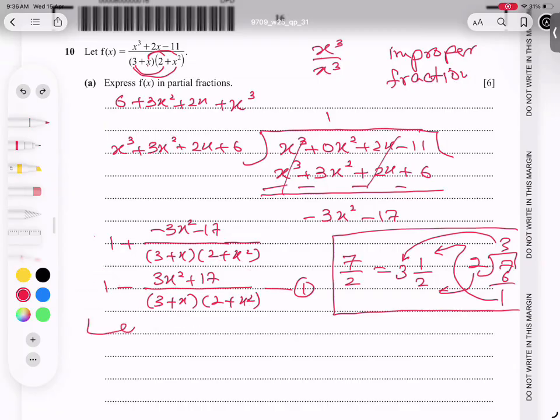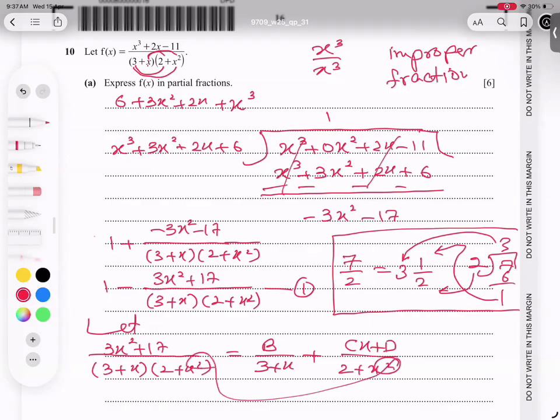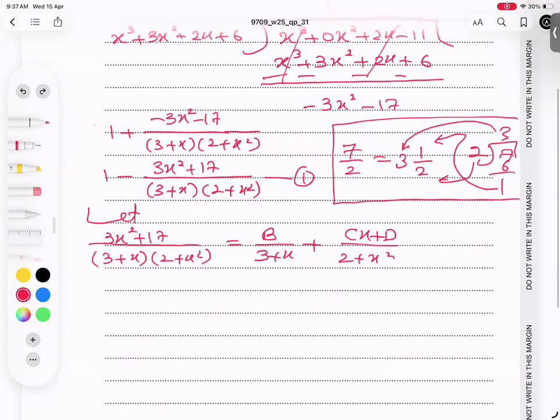I will say let (3x squared plus 17) over (3 plus x)(2 plus x squared) be equal to b over the linear factor 3 plus x, plus (cx plus d) over the quadratic factor, because quadratic means power 2. So students, what to do onwards? I will multiply the whole equation with this.